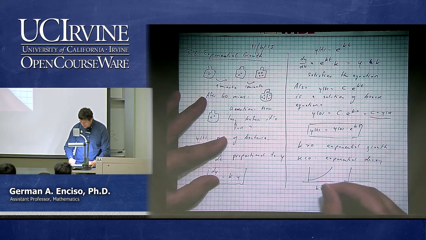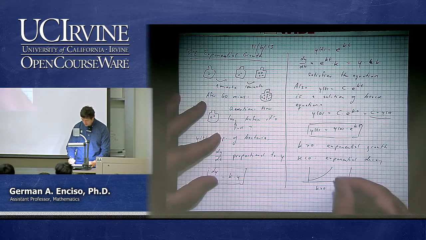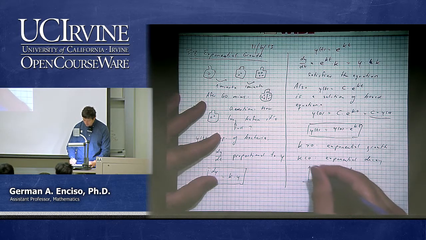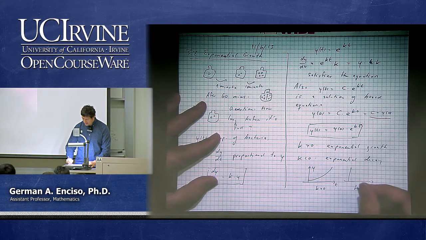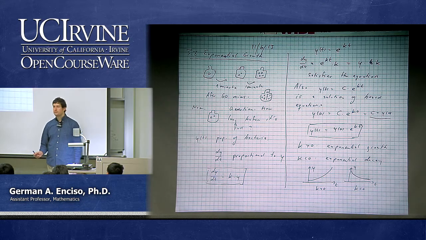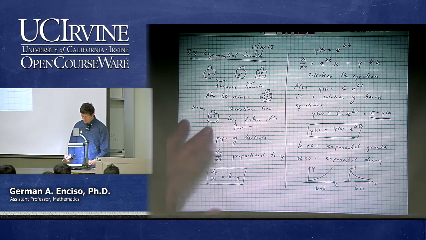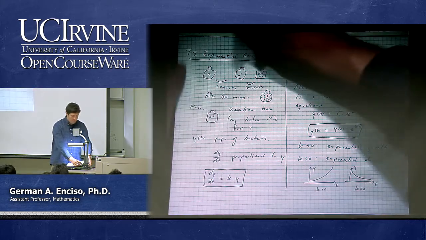When you have a constant k bigger than 0, you have this kind of behavior over time. And when k is less than 0, over time, you have this kind of behavior going to 0. Okay, let's do a few examples of this so that you understand better what I'm saying.